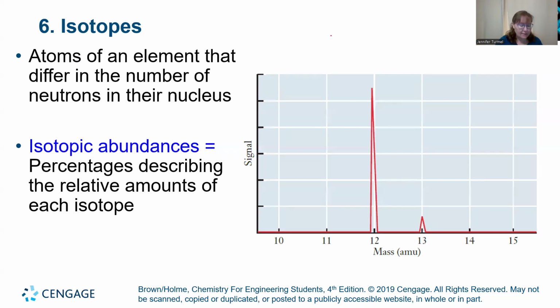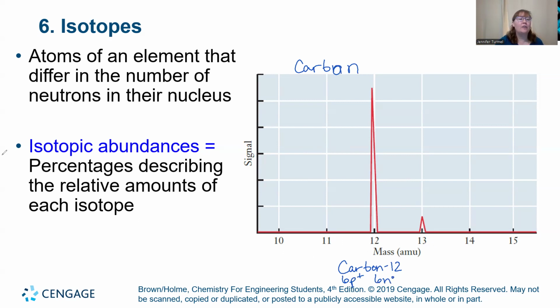So in this case, this is for carbon. And this right here is showing carbon 12. And carbon 12 has 6 protons and 6 neutrons.